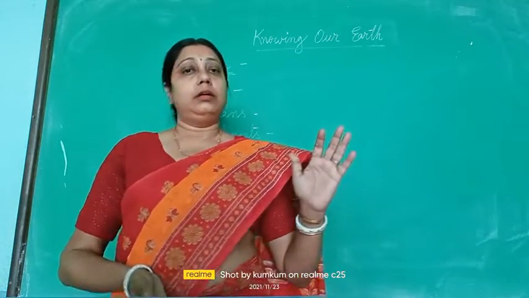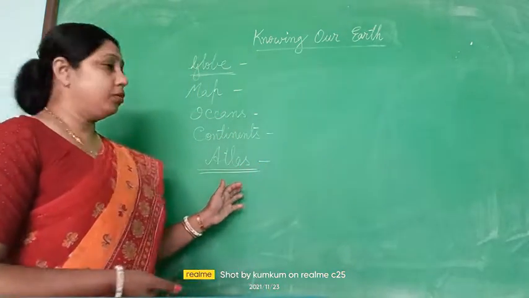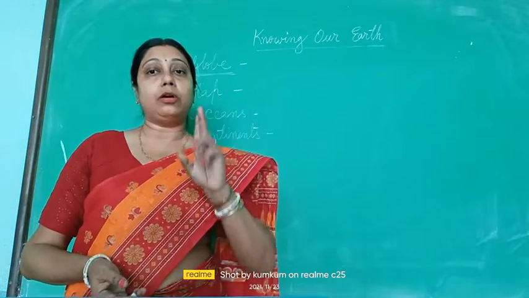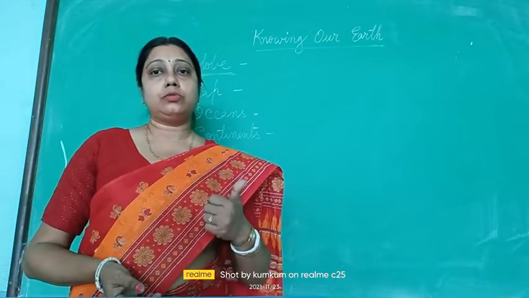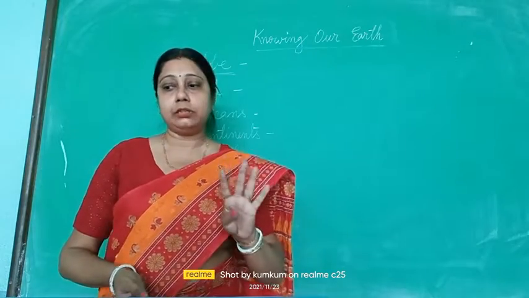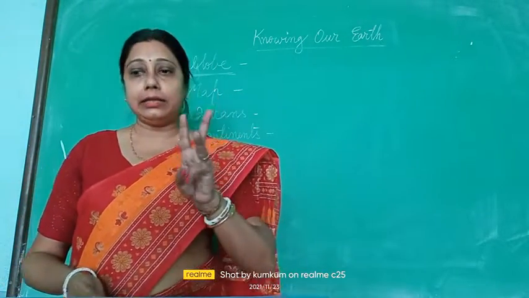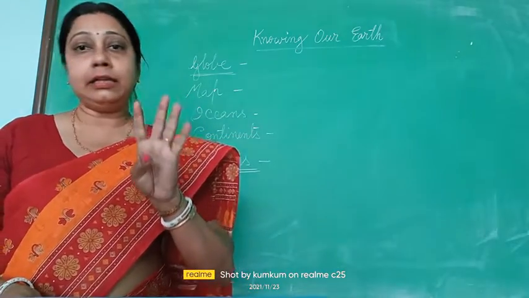Now, we can divide our Earth into 2 parts. We have mainly continents and oceans. We have 4 major oceans: the Pacific Ocean, Atlantic Ocean, Arctic Ocean and the Indian Ocean.